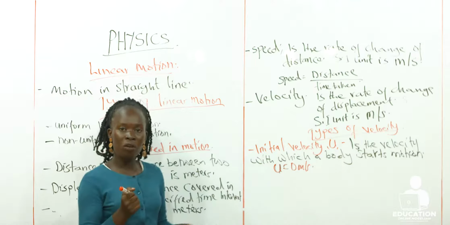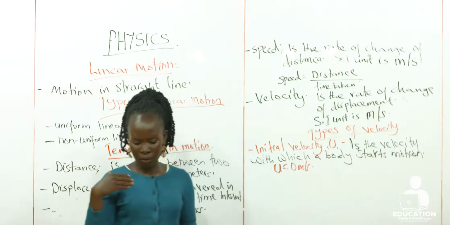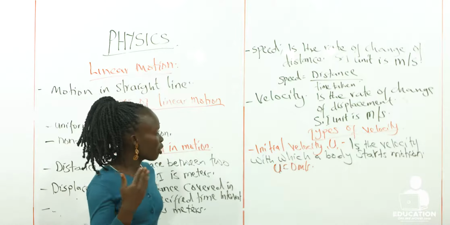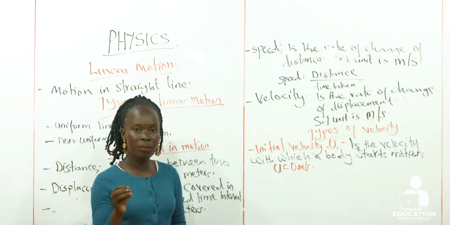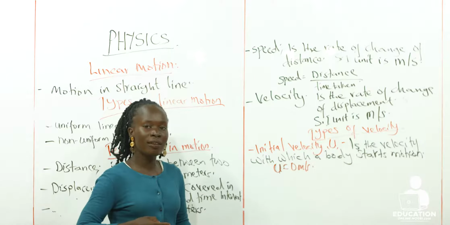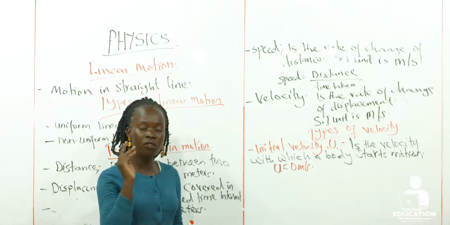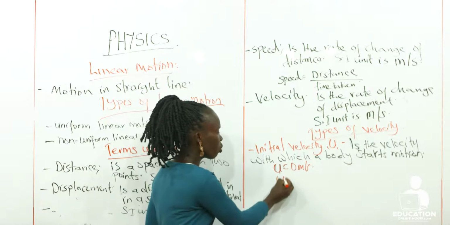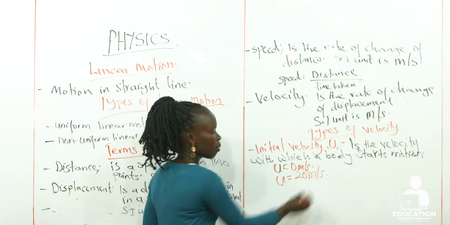What if you have a question like this? A body starts moving with a velocity of 20 meters per second. So the body is starting to move from that point with a velocity of 20. That means that our initial velocity there, our u, will be equal to 20 meters per second.